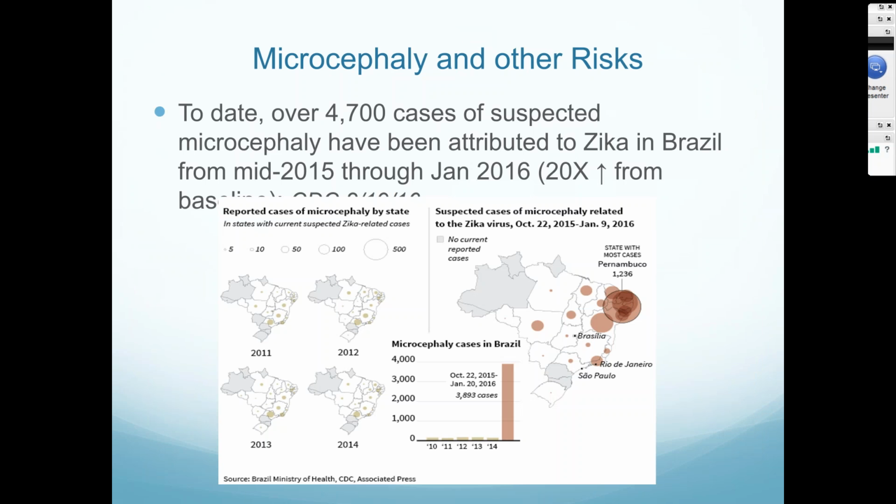To date, as of January of last year, and I'm going to show you many more cases, as you will see in an update through last week, over 4,700 cases of suspected microcephaly have been attributed to Zika in Brazil alone during that period of time. In Brazil, Adrienne Malley first came and identified the disease because of what she saw in her own clinic population.